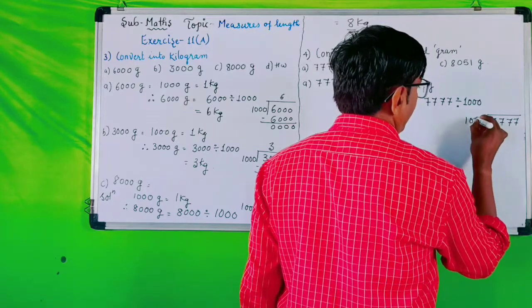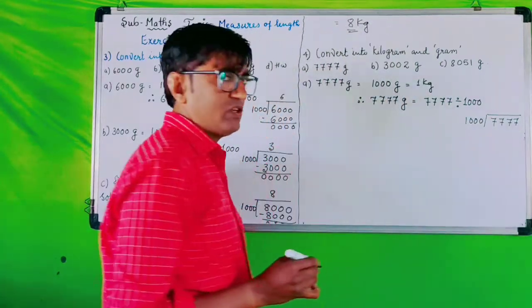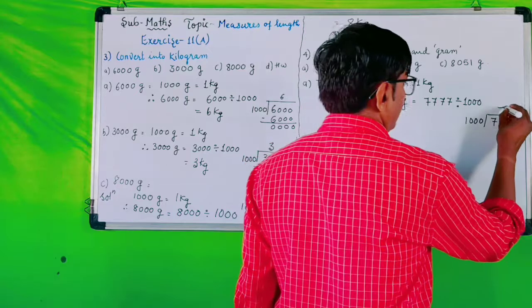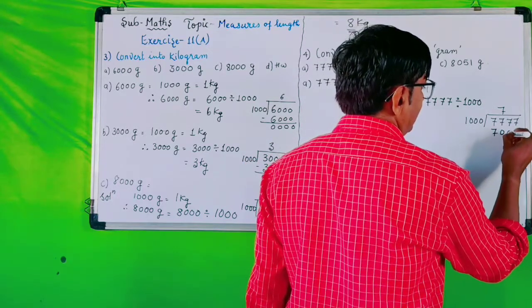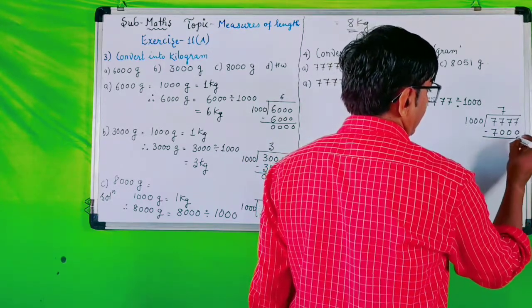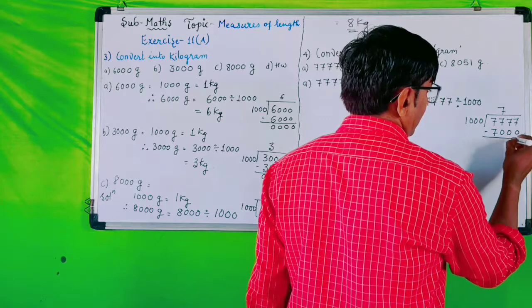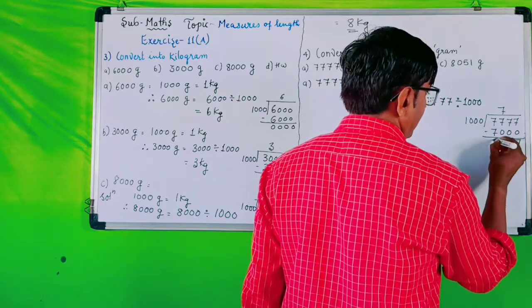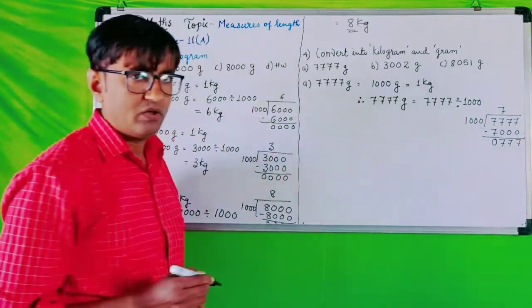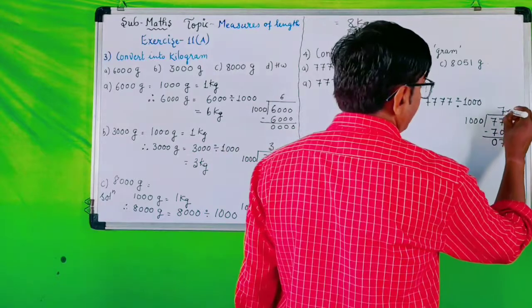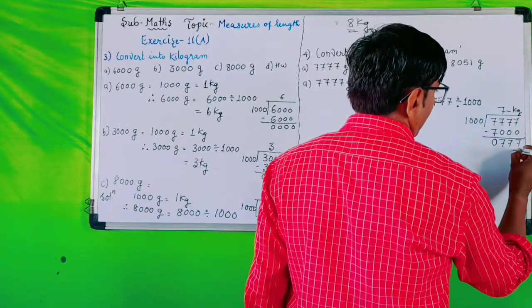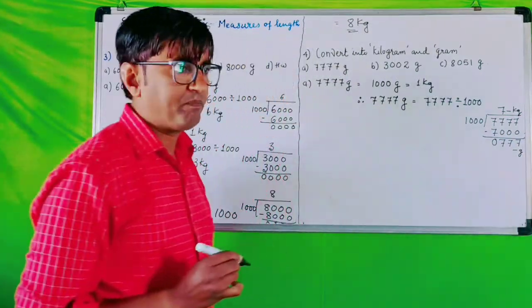7,777 divided by 1,000. 1,000 7 are 7,000. 7 minus 0 is 7. 7 minus 7 is 0. So what we got here, I have explained you. This one will be kg and this one will be gram.